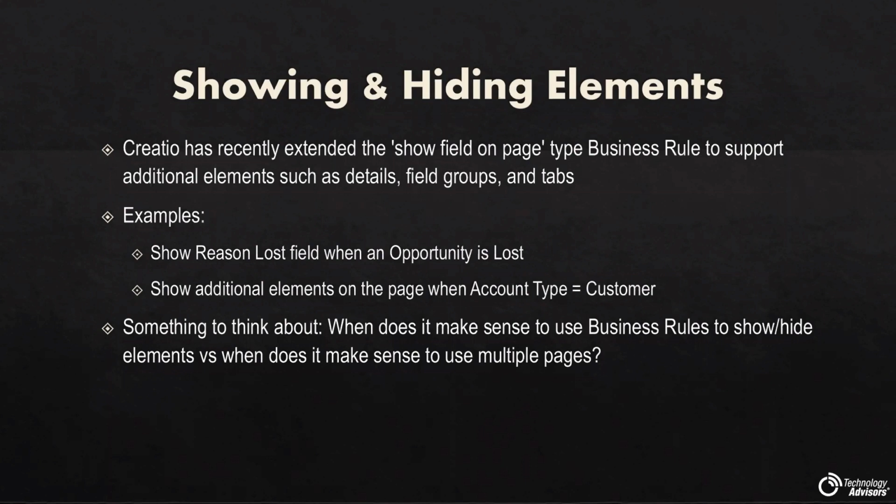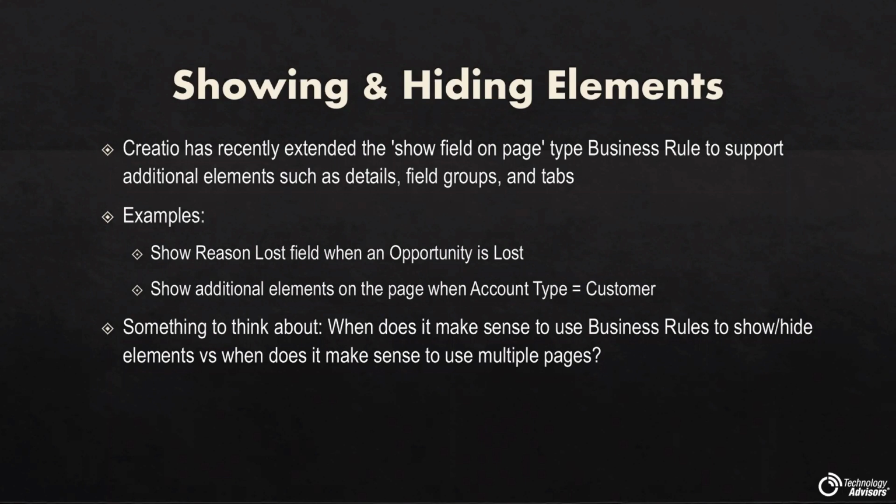So when would I use multiple pages versus when would I use business rules to show or hide different elements? I think it's going to depend in part on what the logic is. And it's going to also depend on how many things I want to hide in different conditions. So how many business rules am I talking about? Is it 100 business rules or 10 business rules? Because that's going to change my answer potentially.